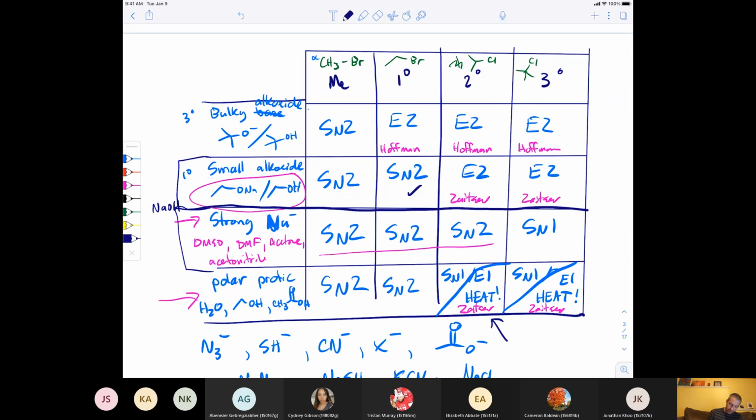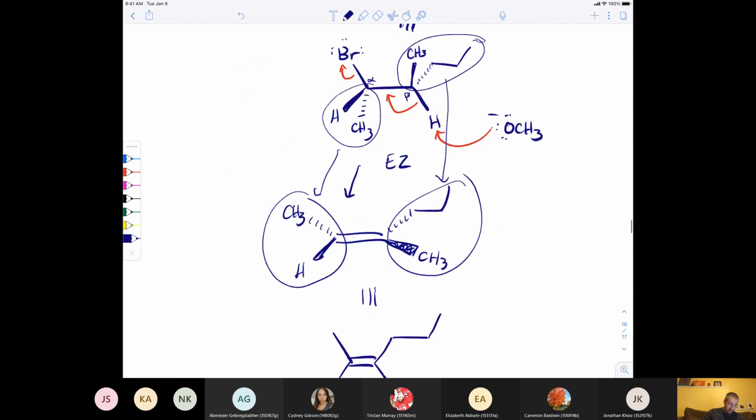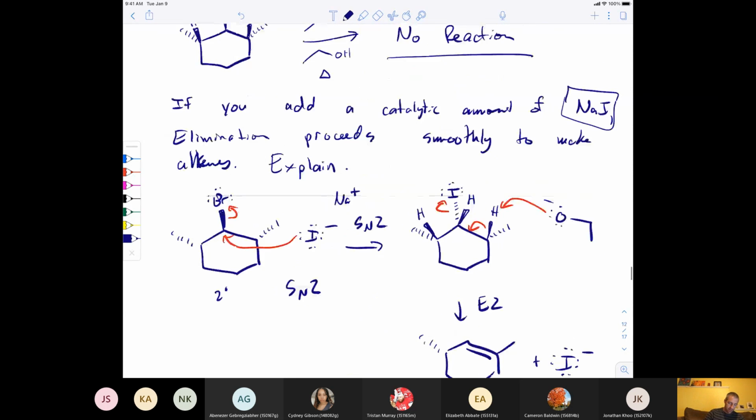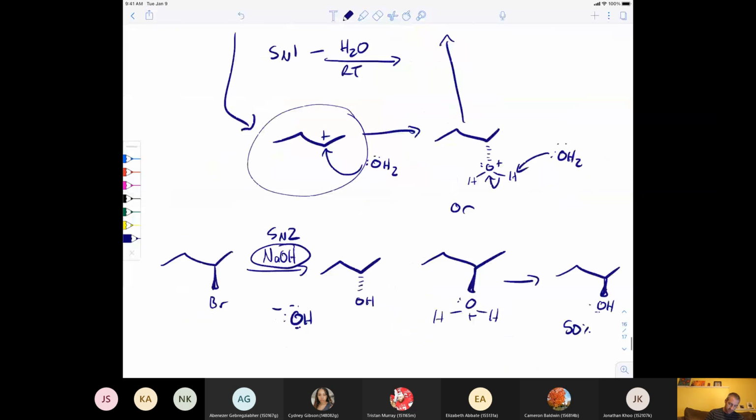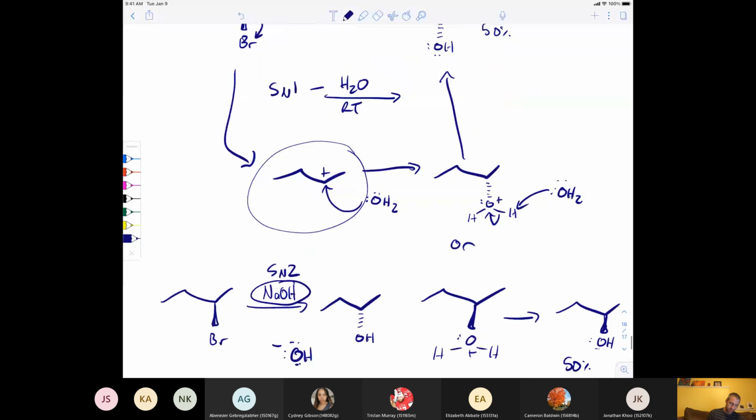For secondary, you get a mix of E2 and SN2, so it's a bit messy. We avoid it because it's more clear cut if you use an alkoxide as the base, or any other nucleophile but hydroxide. I kind of regret bringing up that example, but there you have it.